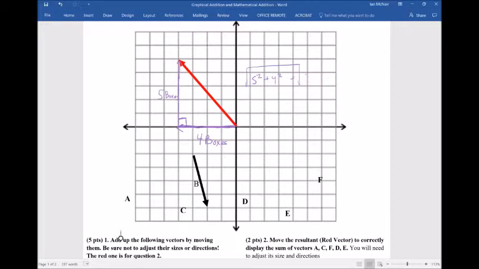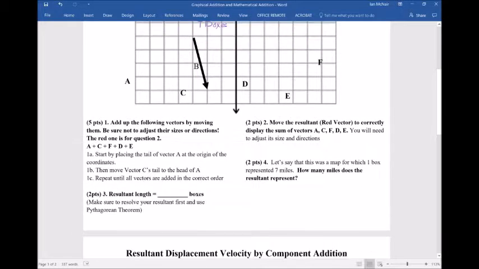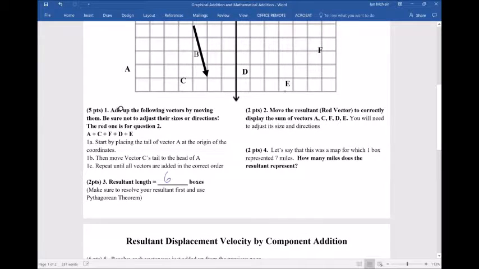So we get the square root of 41, and if I break out my calculator really quickly, the square root of 41 gives us a resultant of 6.4. We want to do units, so boxes. So down here, we have 6.4 boxes.